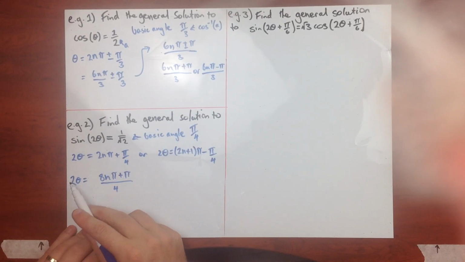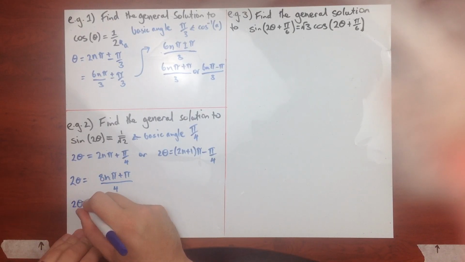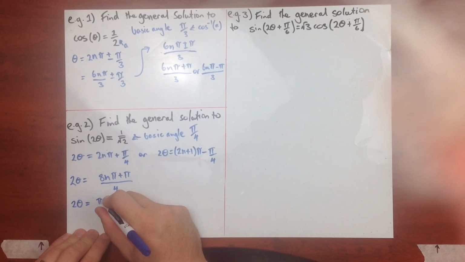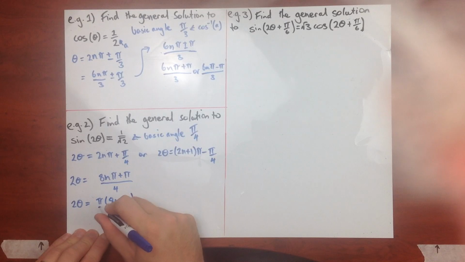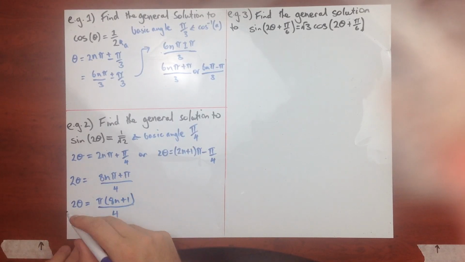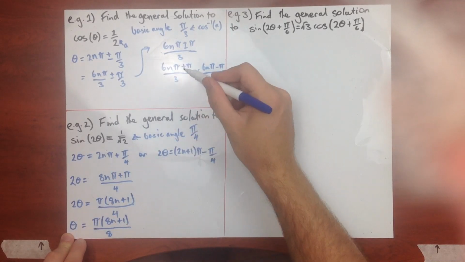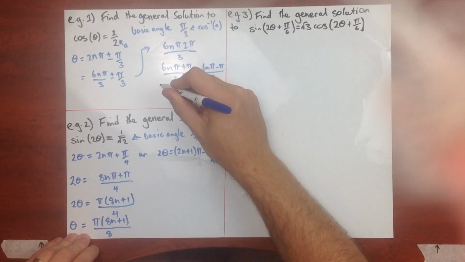Before we divide, we'll say 2 theta equals, we can take pi out as a common factor, so we've got pi outside of 8n plus 1 on 4. Okay, and we can divide by that 2 and say theta equals pi outside of 8n plus 1 on 8.